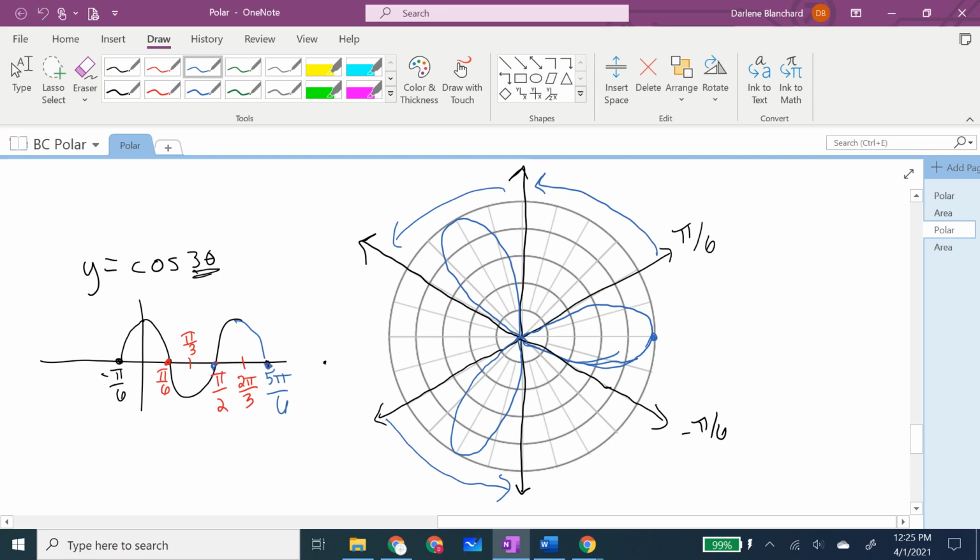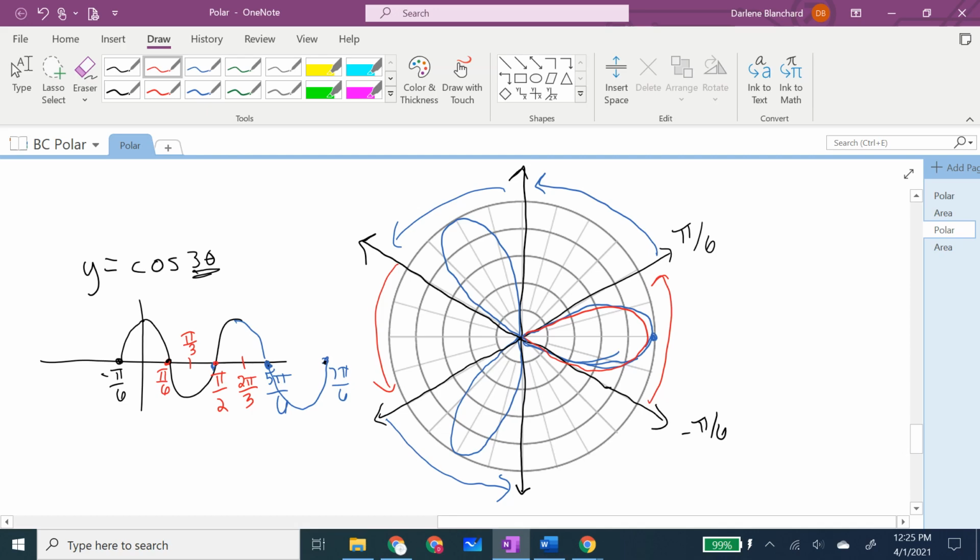Then, after 5 pi over 6, it goes negative until you hit 7 pi over 6. Look at where it's graphing. It's like, oh my goodness, I like you. I'm going to give you my rose curve. And it says, hey, thanks. I like rose curves. I don't share, though.